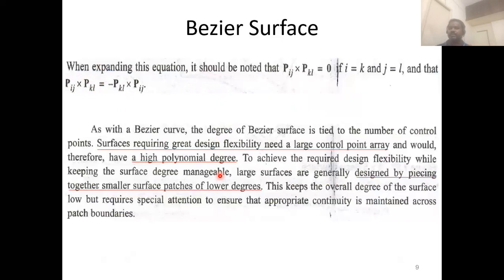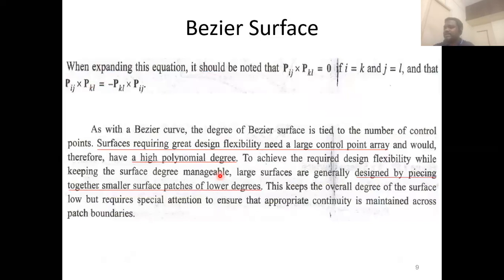So how people define it is, they make small patches and arrange them one by one, maintaining the tangent relationship, C1 continuity, C0 continuity, velocity continuity, position continuity. So have lower order patches, third order or second order, and arrange them in the U direction and V direction.